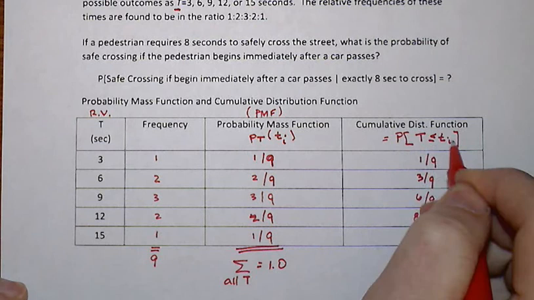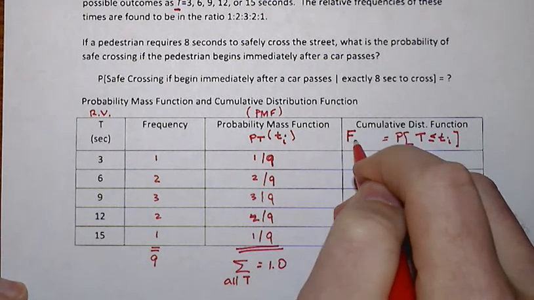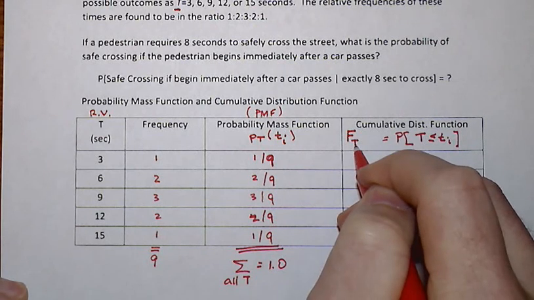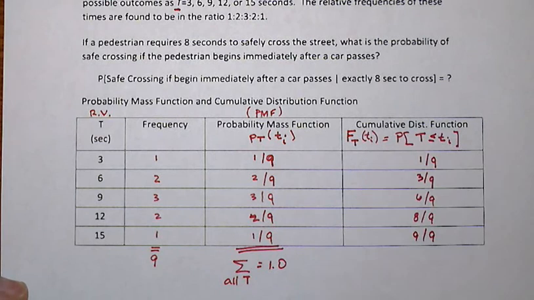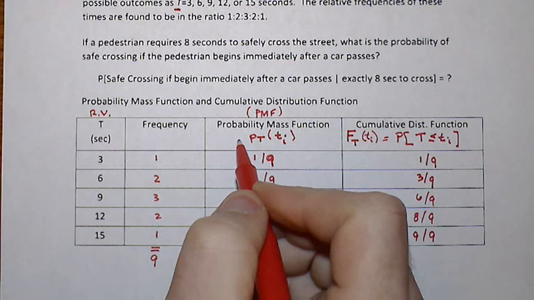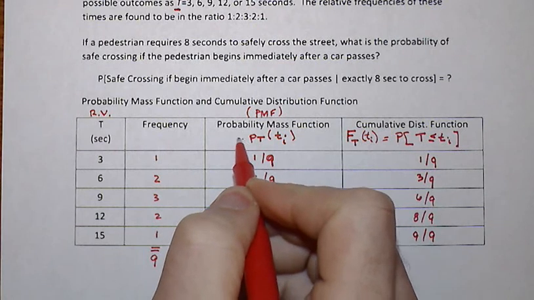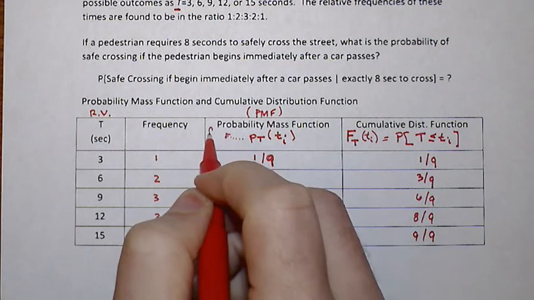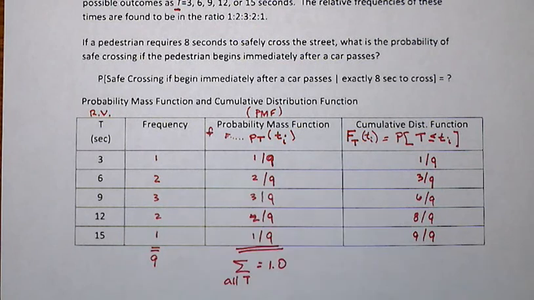Okay. The other aspect to keep in mind is that the symbol we often use for all this is a capital F, and then the random variable of interest as a subscript, capital again, and then the argument to the function t sub i, just like we had before. What you'll sometimes find, and your Montgomery and Runger authors, your textbook for this course, do this, is that they'll use, for the probability mass function, a lowercase f in replacement for the lowercase p.